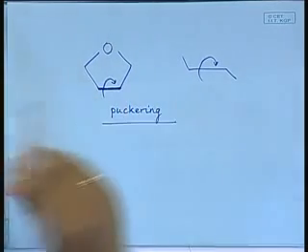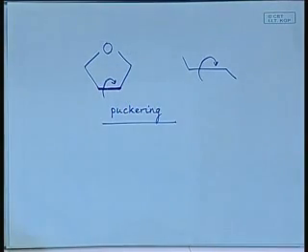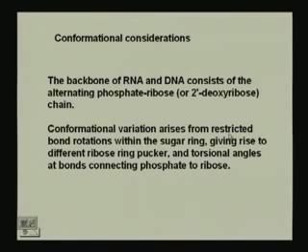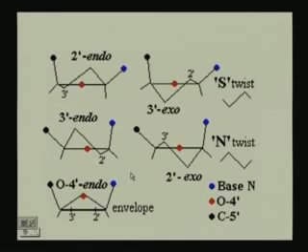So, we have restricted bond rotations within the sugar ring because we have a ring system. We are not free to rotate all through. This gives rise to different ribose ring pucker, and torsional angles at bonds that connect the phosphate to the ribose. Now, let us see what we mean by that.